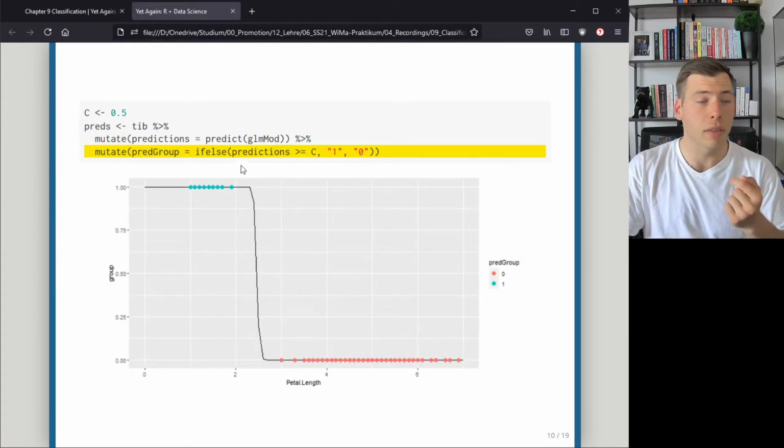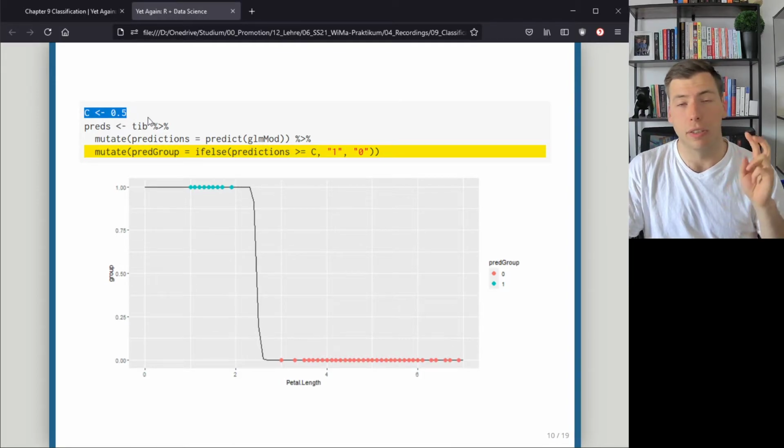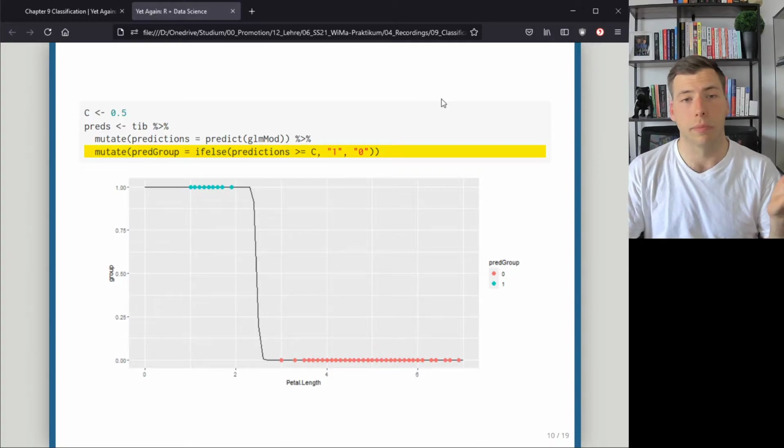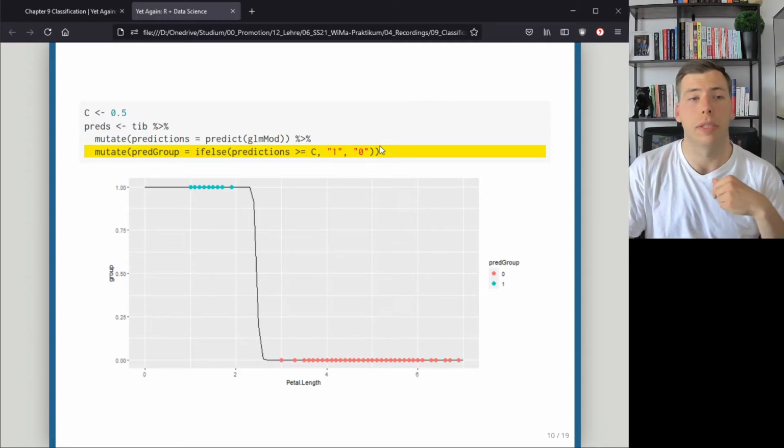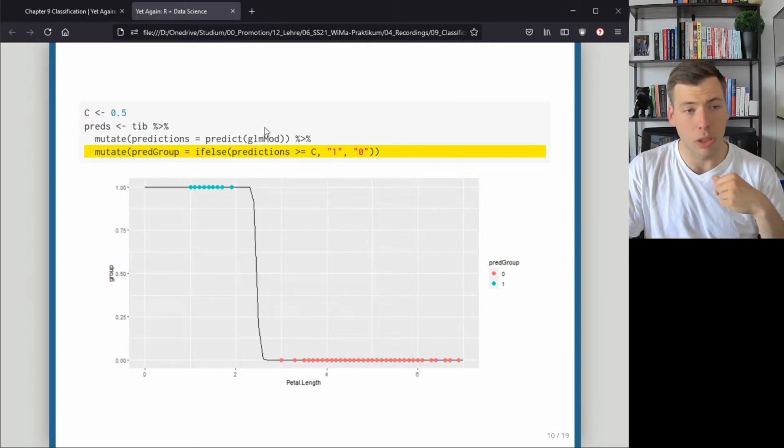And if you do that, here I have stated a neutral threshold, which is 0.5. So if something exceeds the probability of 50%, then I will classify it as being in group 2, which is done here. And in our case, for this iris data, it gives us a perfect classification.